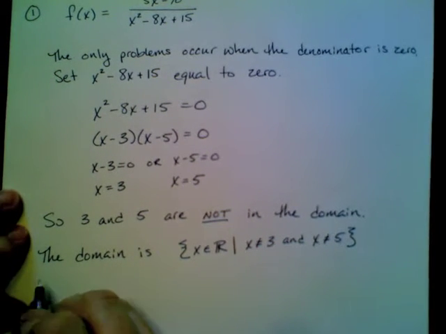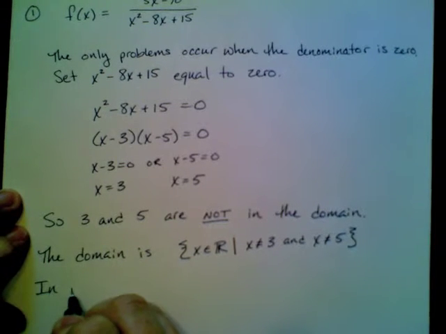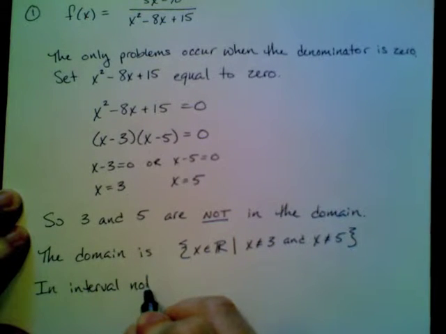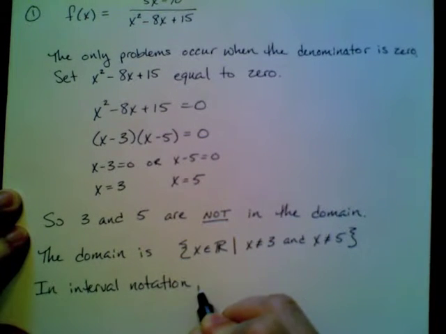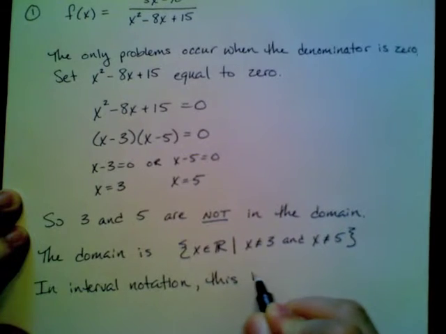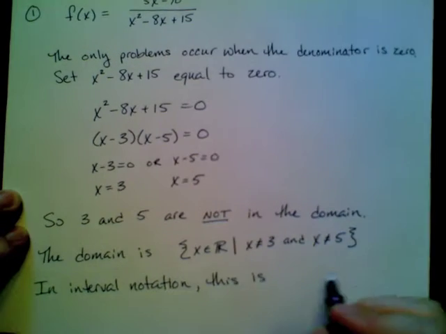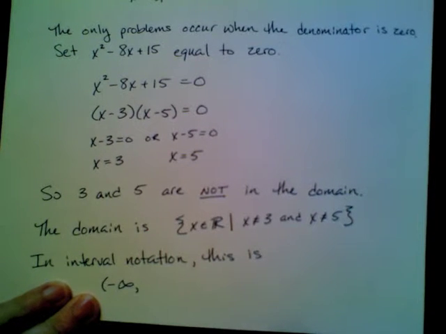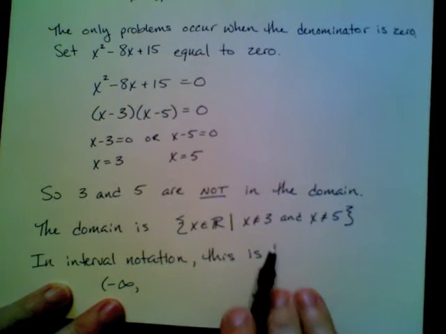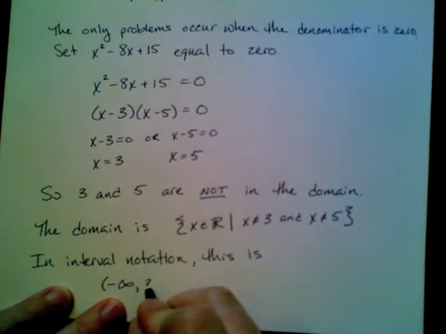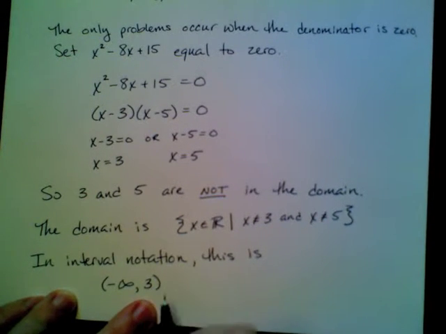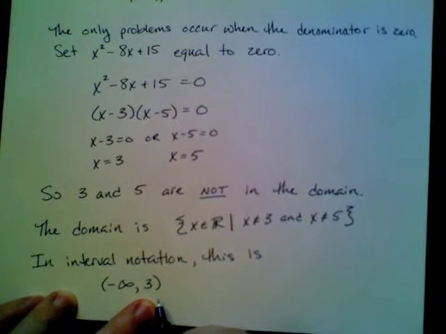Another way of expressing that is in interval notation. Well, I can't express it as a single interval, but I can always start by thinking, coming from the left. From negative infinity, the first problem I have is at 3. So I go from negative infinity to 3, open parentheses, because my 3 is not included in this domain.